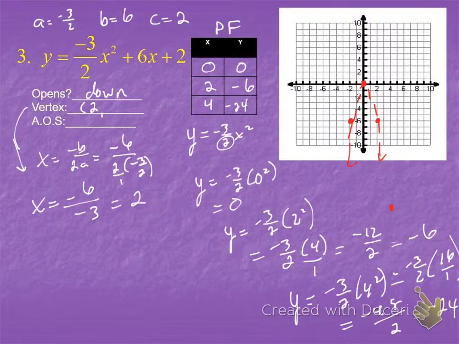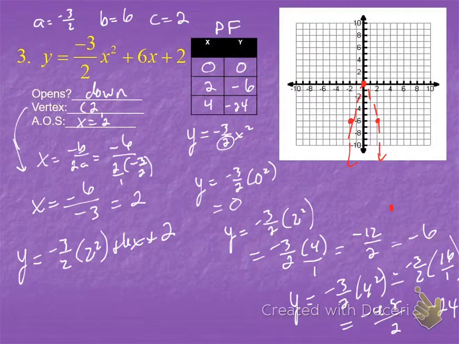Axis of symmetry goes through the vertex. It's going to hit 2 on the x-axis, so the equation is x equals 2. So now we want to plug in 2 into the actual function. Oh, I didn't plug it into the second x.